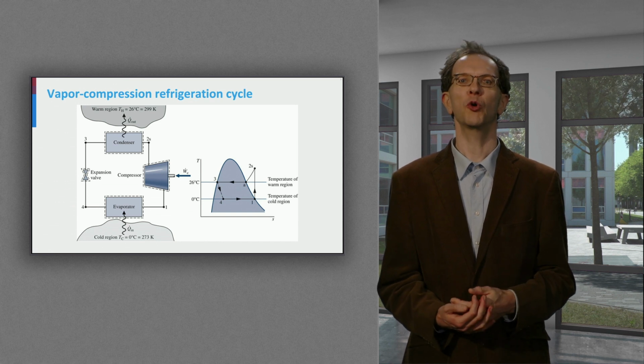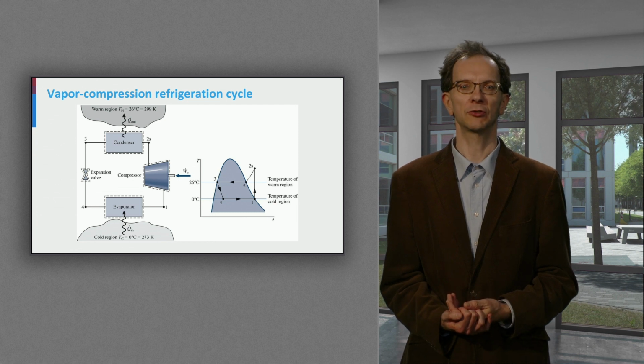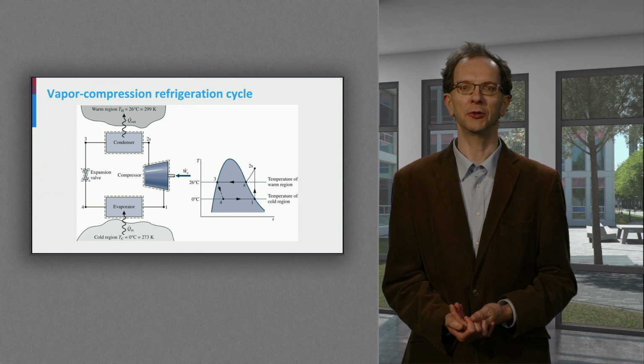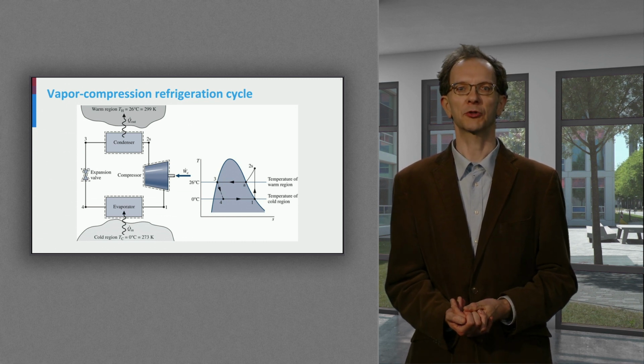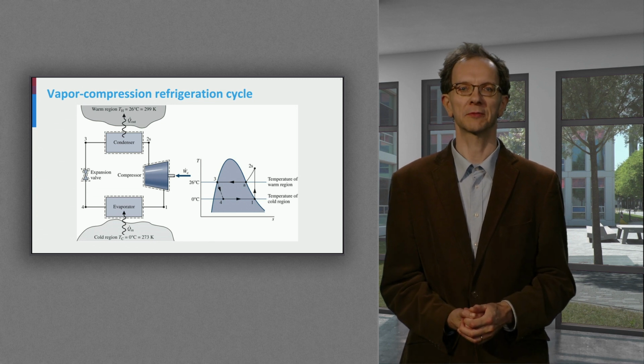The high pressure working fluid is condensed in the condenser, thereby releasing heat to the warm region. At the end of the condenser, point 3, all the vapor is condensed to a liquid and the working fluid is now a saturated liquid.